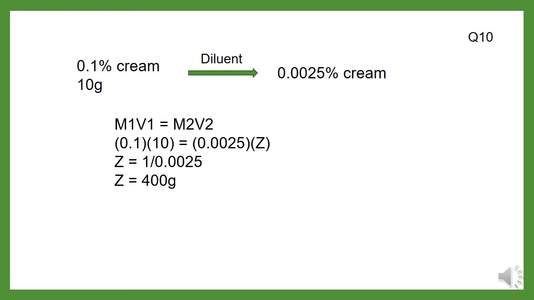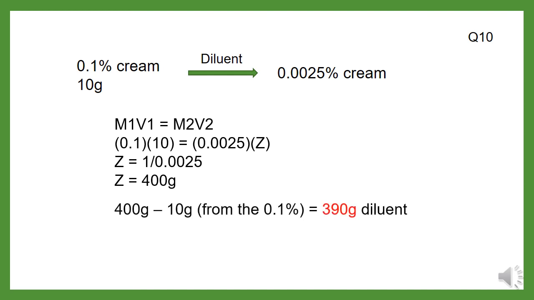In order for you to achieve 0.0025%, the final amount needs to bulk up to 400 gram. So over here, you just do a simple subtraction, 400 minus 10, which is the original 0.1% cream, right? Then your final answer will be 390 gram diluent.